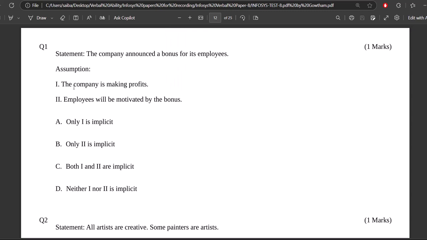So assumption one is not implicitly stated at all. Similarly, employees will be motivated by bonus. There is no information related to that either in the given statement. So that is the reason neither one nor two is implicit.